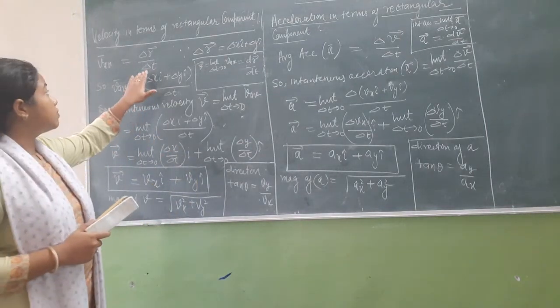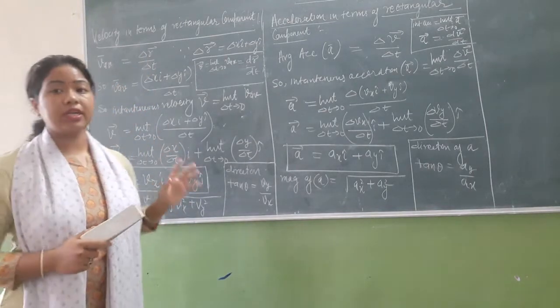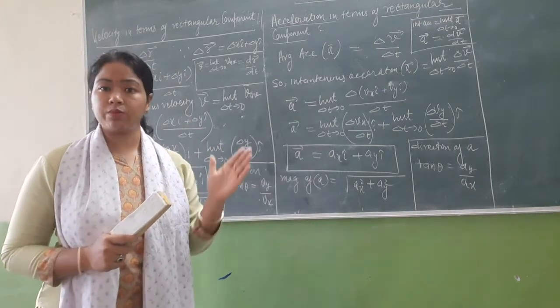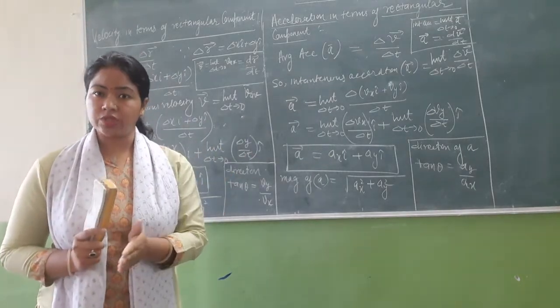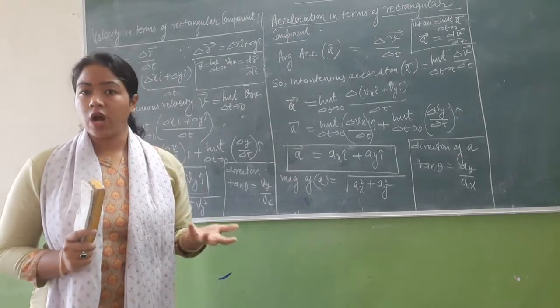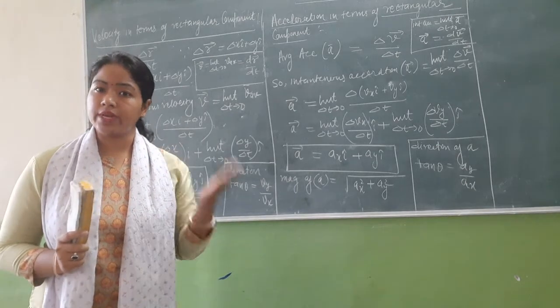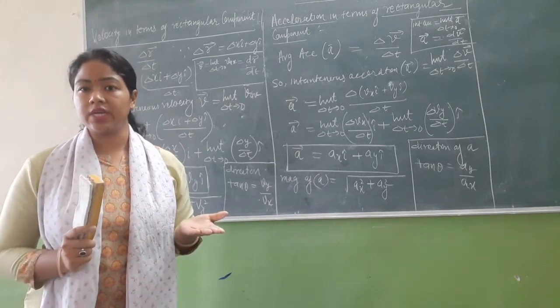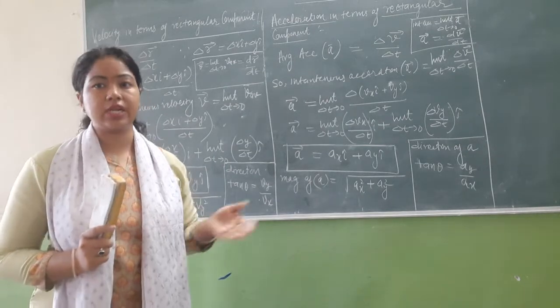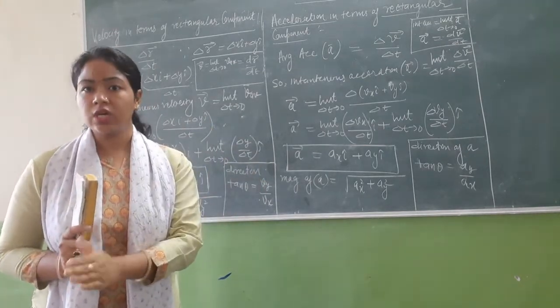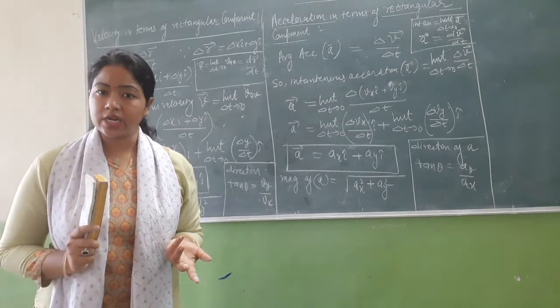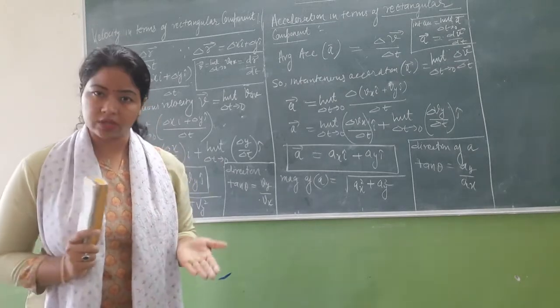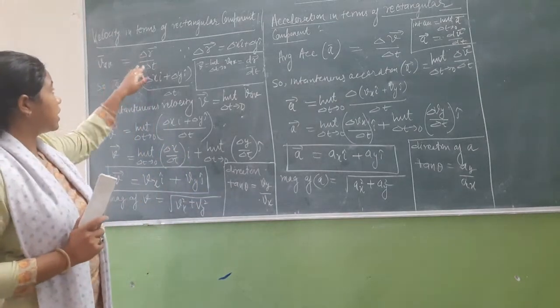So the rate of change of position is delta r over delta t. If the initial position is r1 and the final position is r2, how will we get the change of position? r2 minus r1, which can be written as delta r. Similarly, time is changing from t1 to t2, so the change in time delta t will be equal to t2 minus t1. So directly we have the value delta r upon delta t.